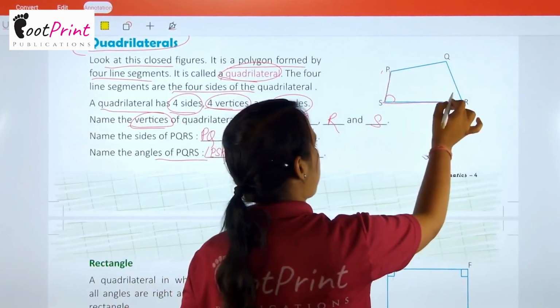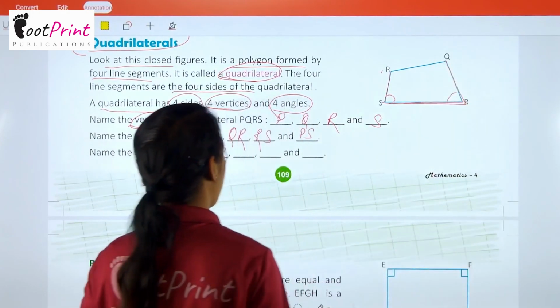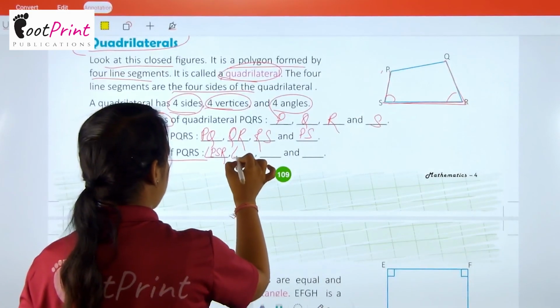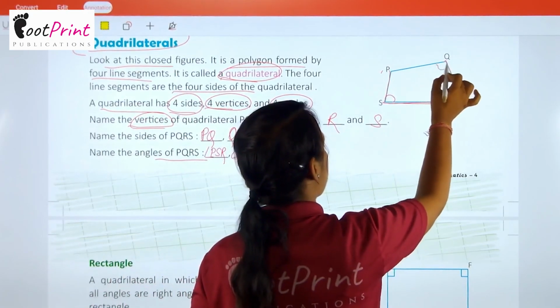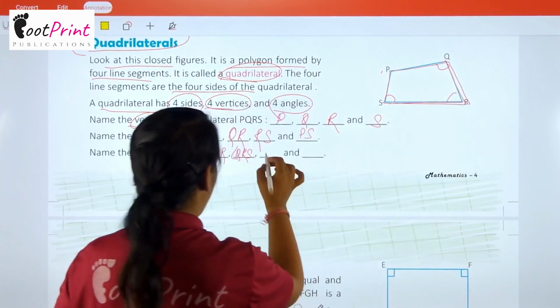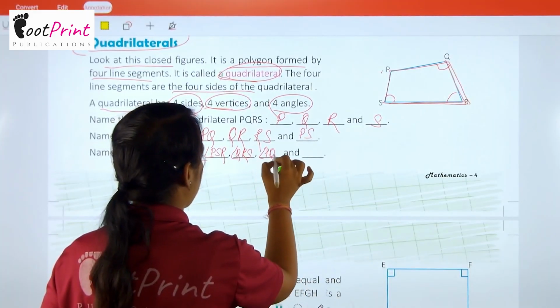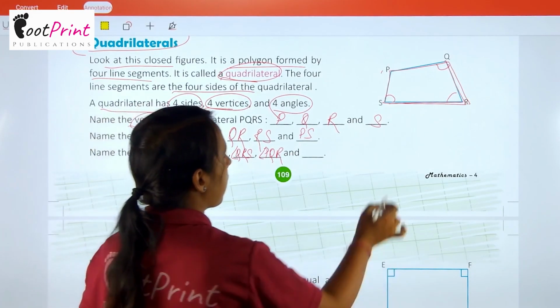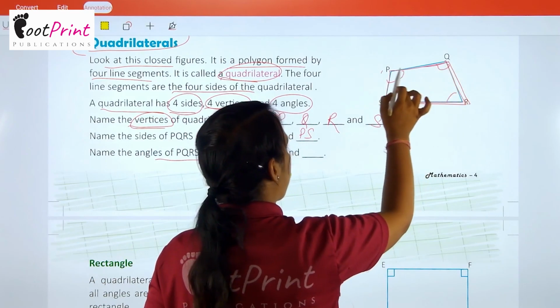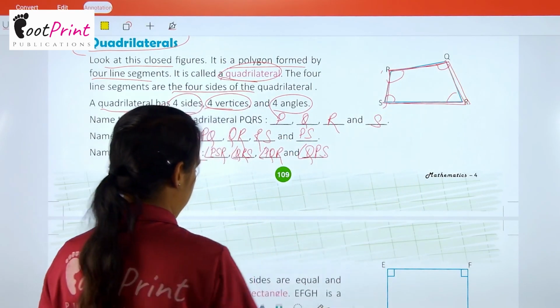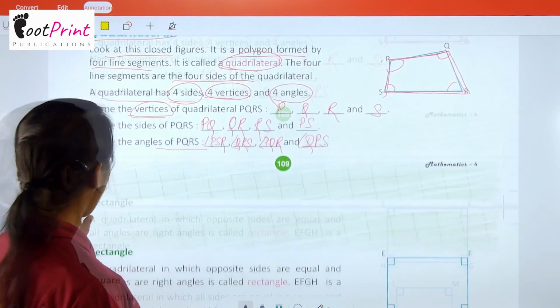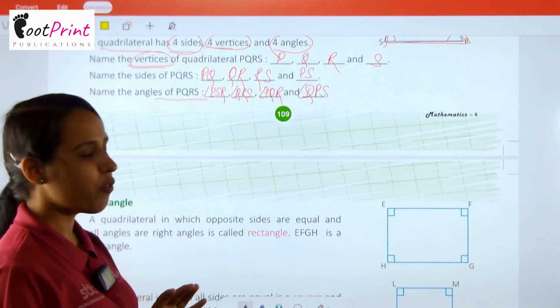Here this one is SRQ, or we can write QRS. Okay, and the next one is this one, we can write angle PQR. Now P angle we can write like this, angle QPS.